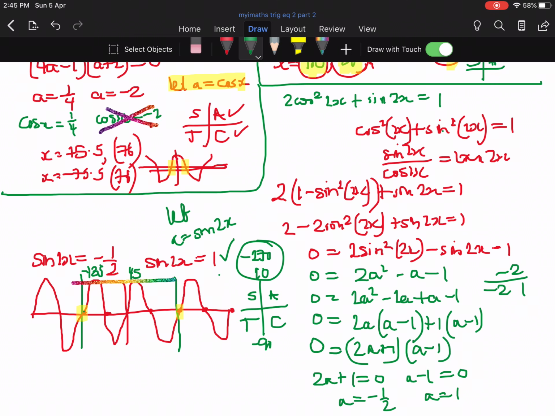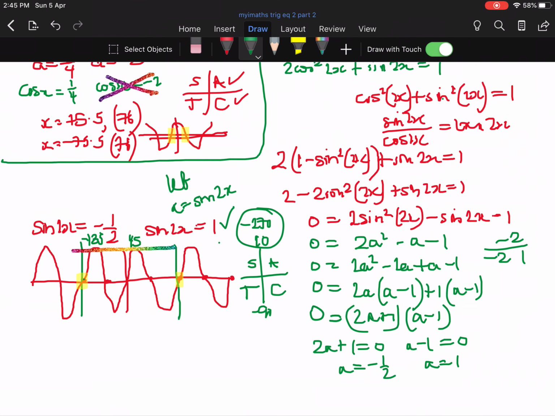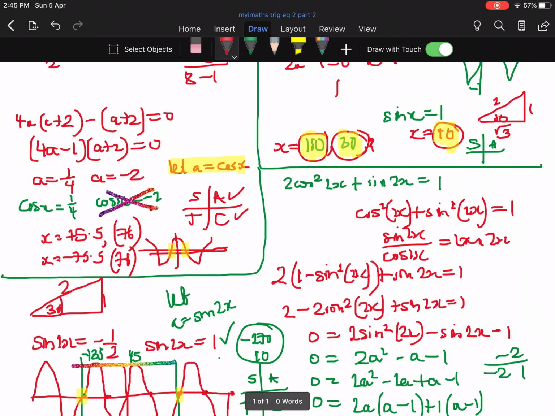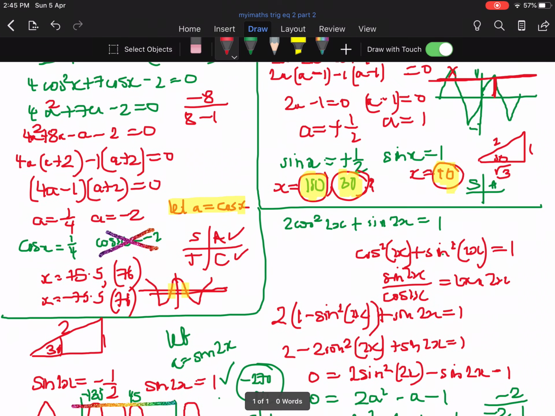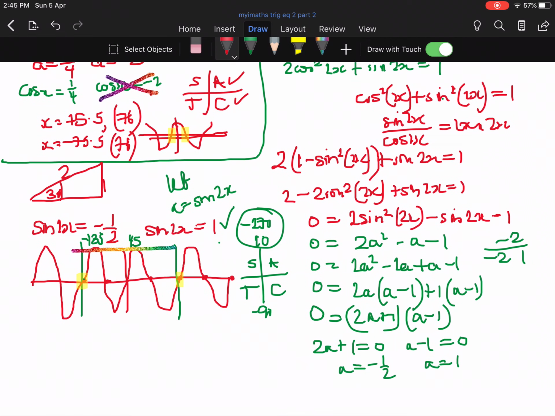I'm going to do this the proper way. If I've got space, I'm going to do it algebraically, which is the way I prefer anyway. So what is sine a half? Well, we've already done that in a triangle already. We should know that it's 30 because it's 1 and 2. But it's negative. Now we did negative earlier, if you can remember. We'll do it again anyway.